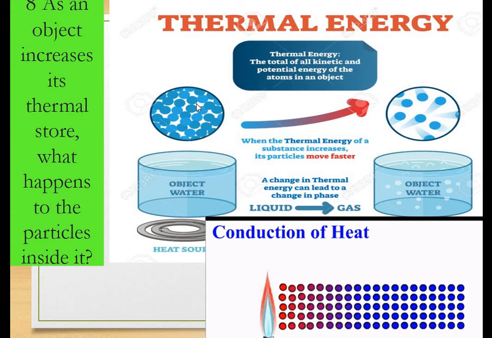So even if we were to put water in this pot and put it on the stove or the cooker, as the heat or the thermal energy increases, the particles inside that pot or pan will start to increase in movement. They will vibrate more and collide. So it starts to move faster.